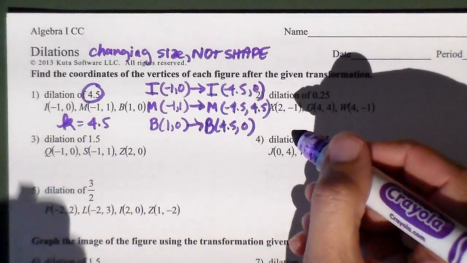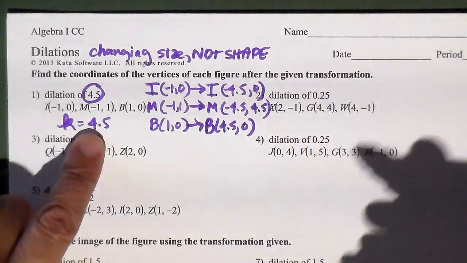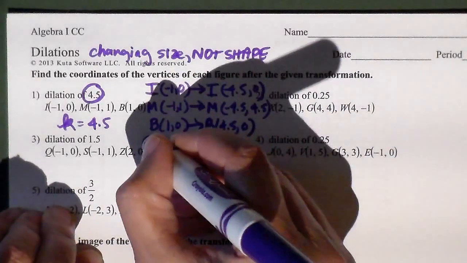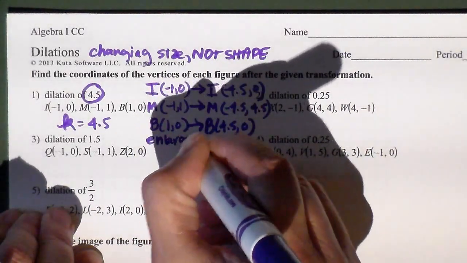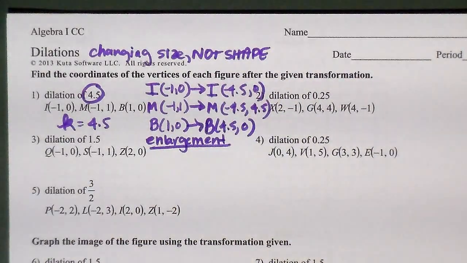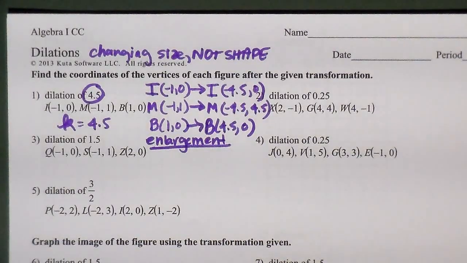So that is my new set of coordinates with a scale factor of 4.5. Now that is an enlargement, okay? That's an enlargement, because what happened to the figure? It got bigger. So that's an enlargement. Now let's look at something where we're doing a reduction.